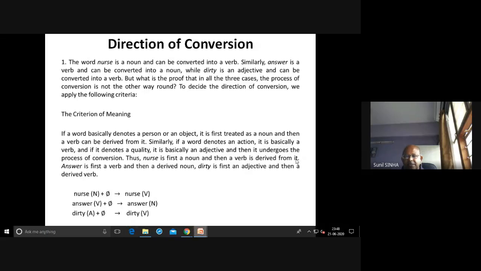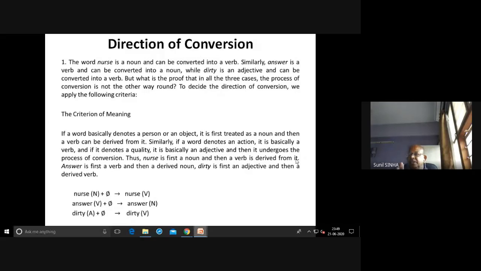That is, you take nurse as a noun, add a zero morpheme, and you get nurse as a verb. We say nurse is a noun and nurse is a verb also. Answer is a verb and answer is a noun also. Like, she is a nurse and she has nursed the patient. She is a nurse. Nurse is a noun.